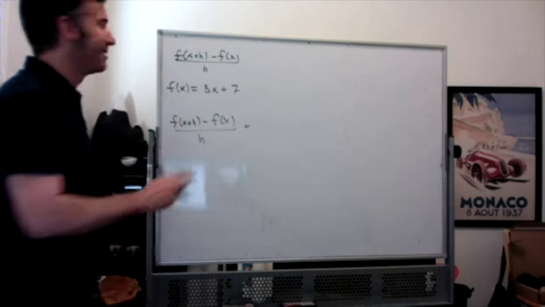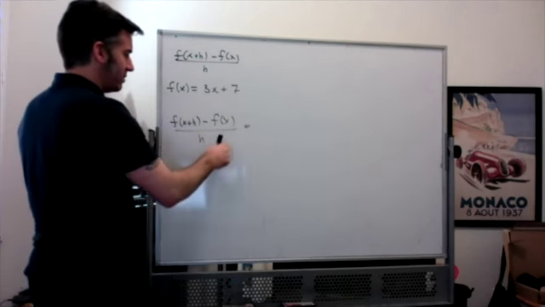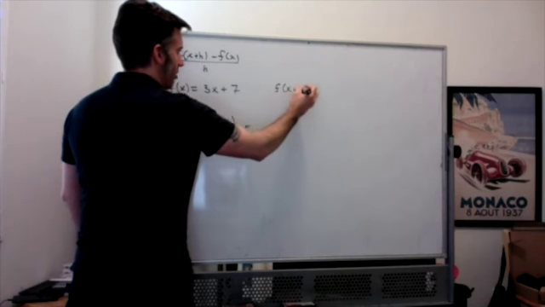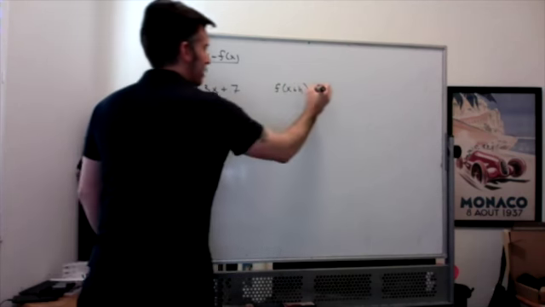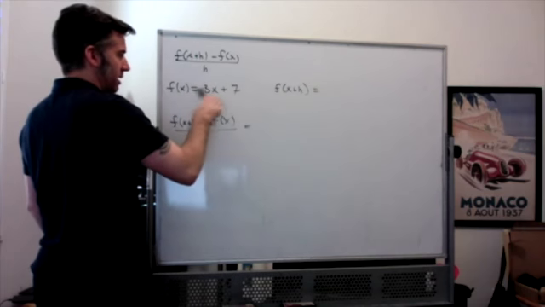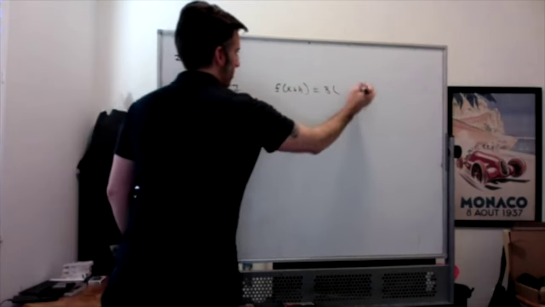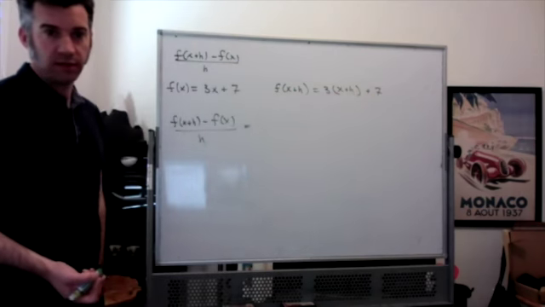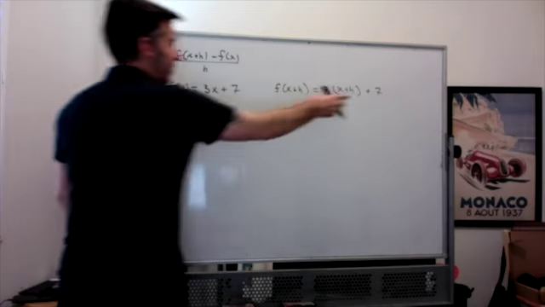So show the work. So we're going to write f of x plus h minus f of x. I think it's a good idea to say that f of x plus h is, instead of 3 times x plus 7, 3 times x plus h plus 7. And then that's what's going to go here.